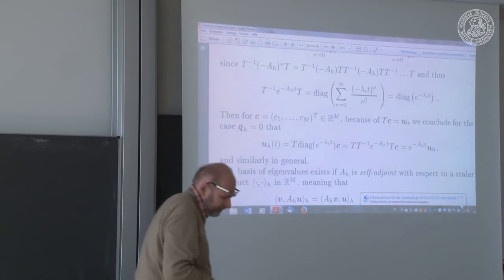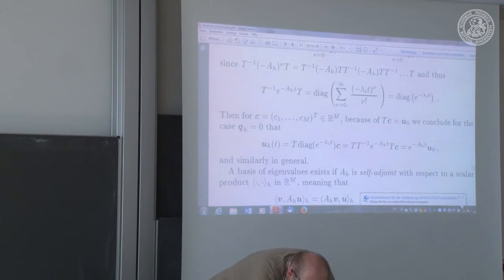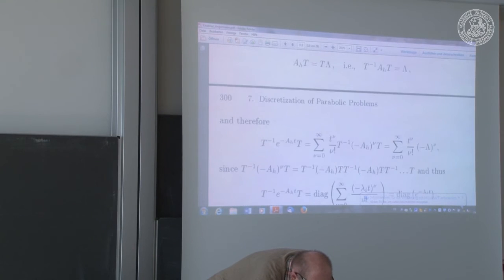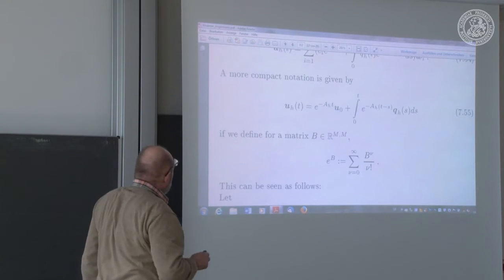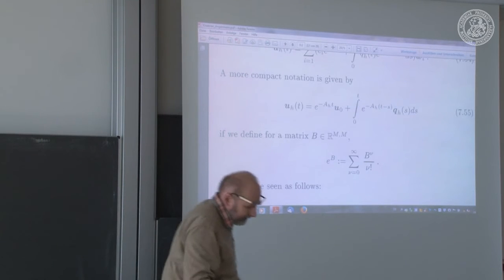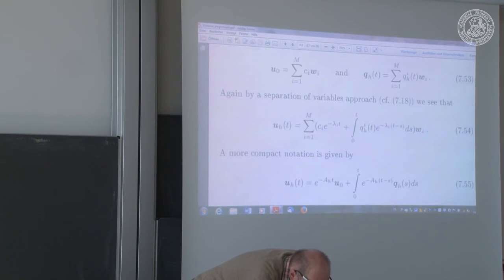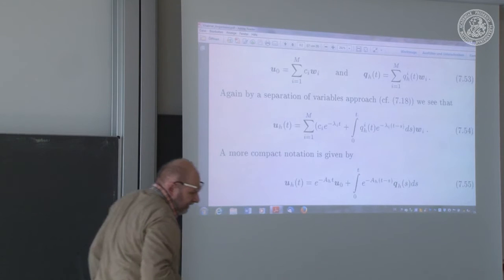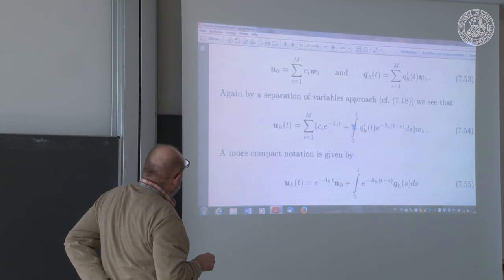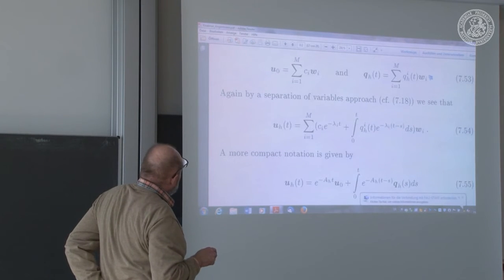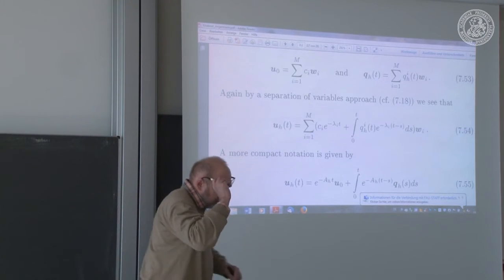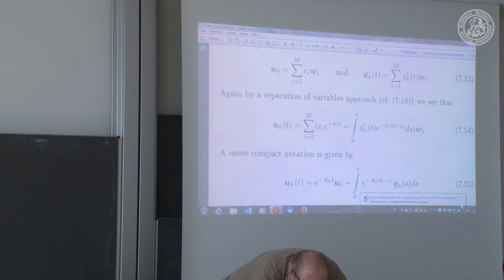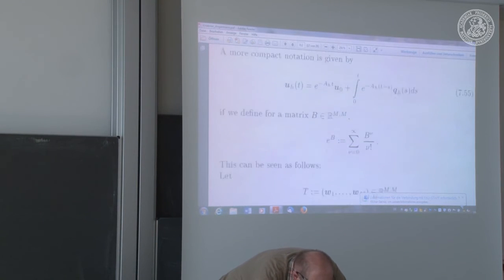Maybe we go back. Let's see it again. Where is the solution? It's here. So we have u0, this is what we want to see. Here it is. So we have a linear combination of the eigenvectors formed with coefficients c_i times e to the minus lambda t.